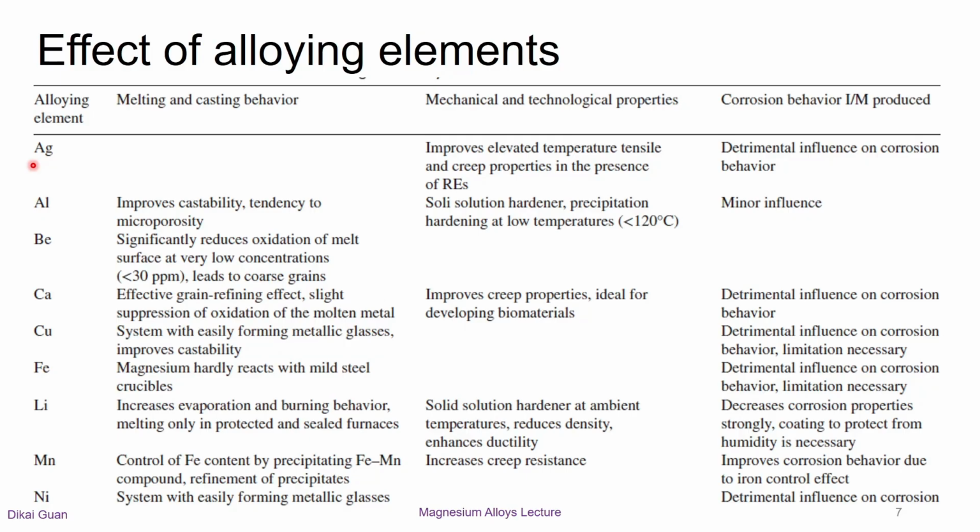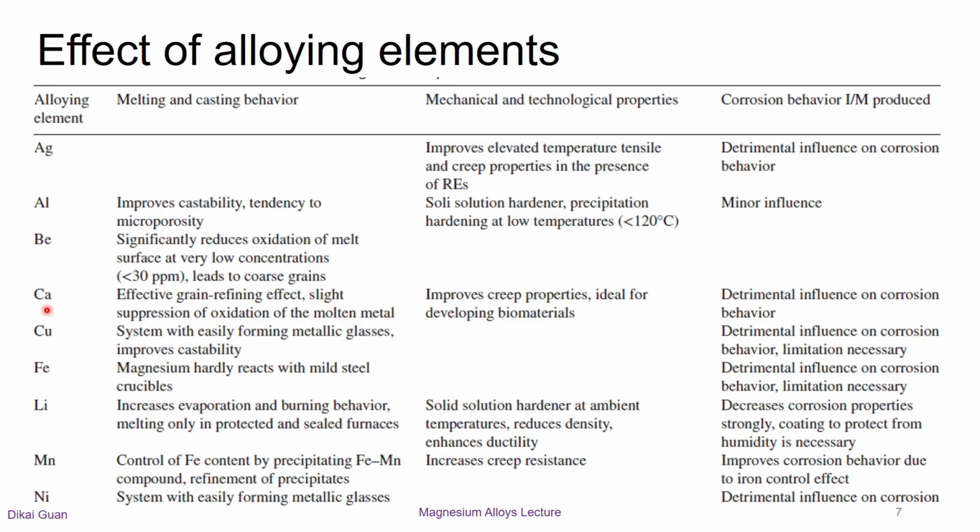However, the corrosion resistance of silver-containing alloys is not very good. Aluminium is commonly used to improve castability and precipitation hardening. Uranium is rarely used because it is poisonous and rare.